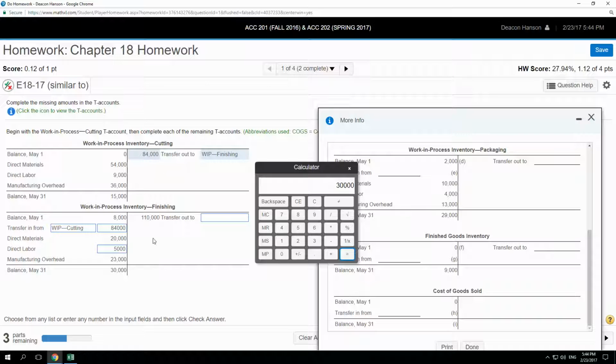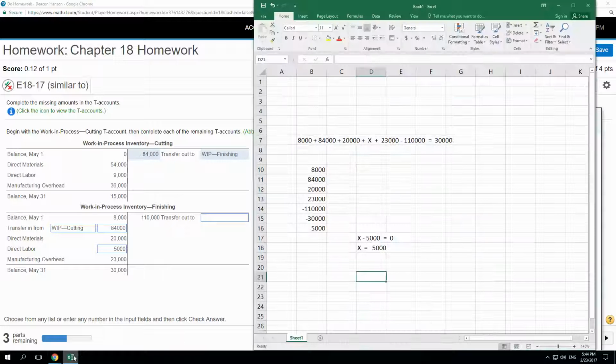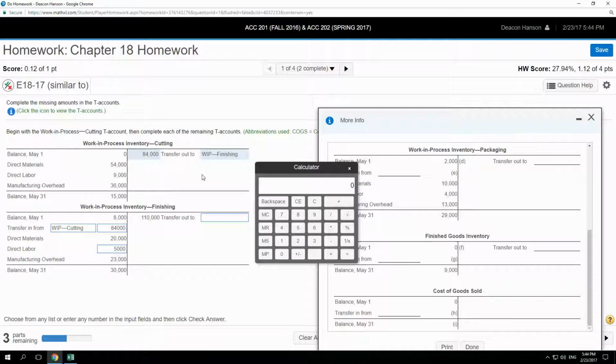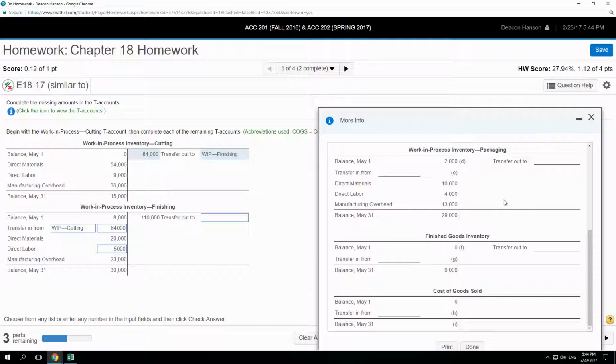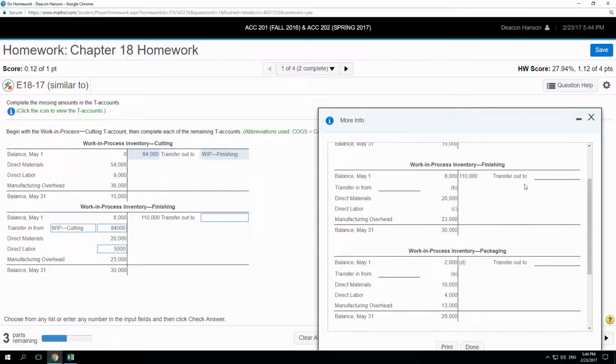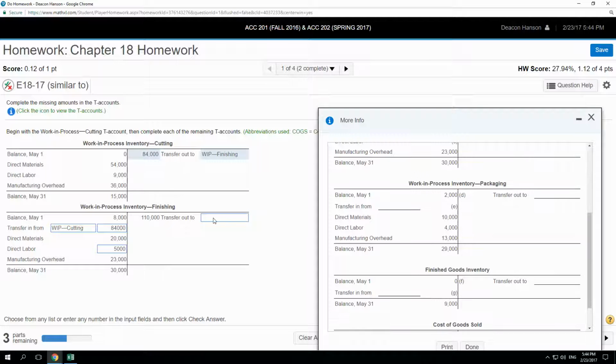You saw what I did? Okay. So you could easily just do it by looking at it, but if we schedule it out this way, then we're probably more sure that we have it right. So when it gets transferred out of finishing, it looks like it's going to go to packaging. So we'll say transfer to packaging.